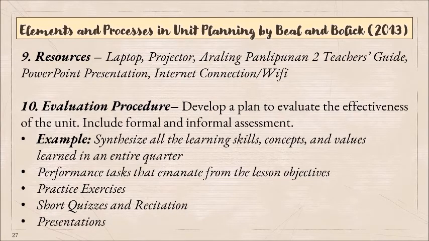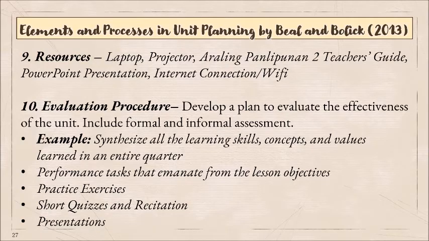So, doon sa inyong module, yung binigay ko sa inyong module, meron kayong gagawin doon sa task 3 kung saan you have to develop your own unit plan. So you have to read yung task 3 sa module 5.